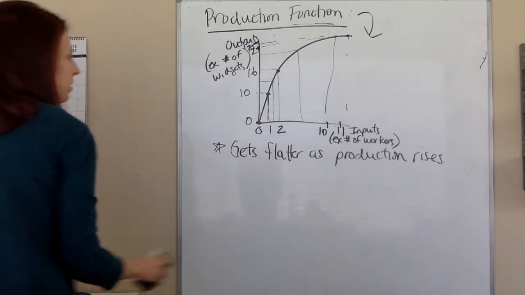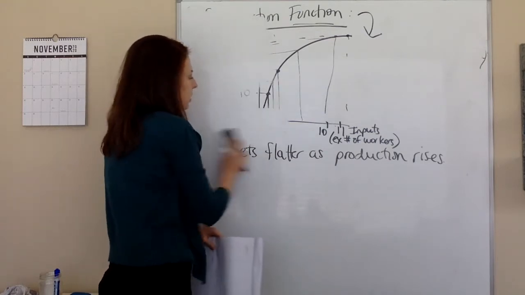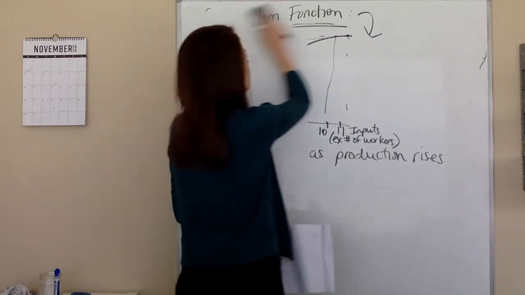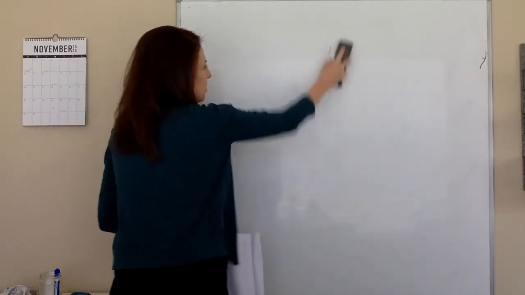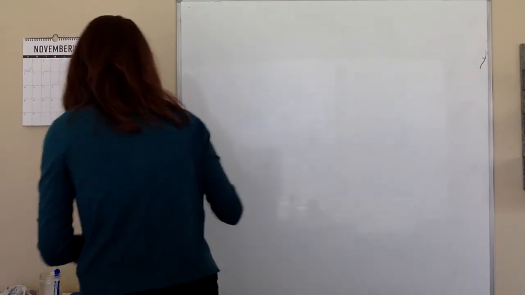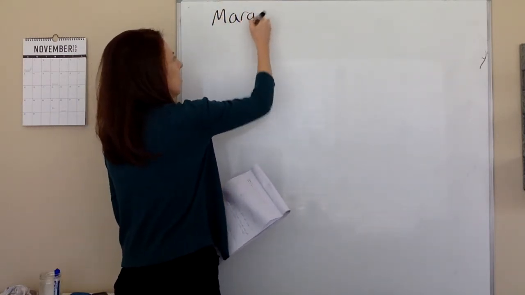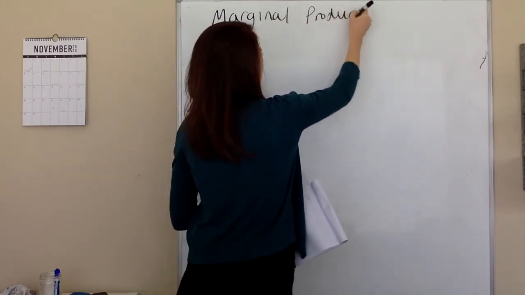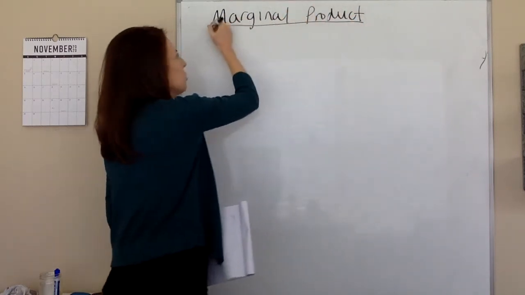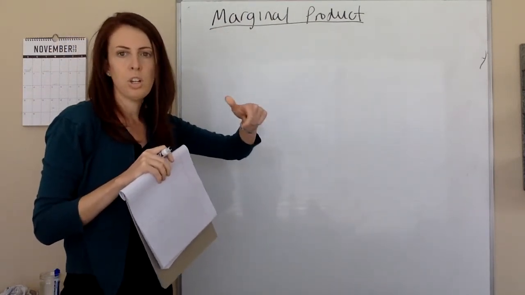Okay, so that brings me to the second topic. The second topic is marginal product. Marginal product is related to the production function. A little bit of English: marginal always refers to an incremental change.